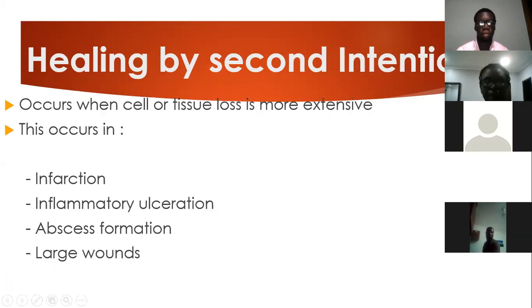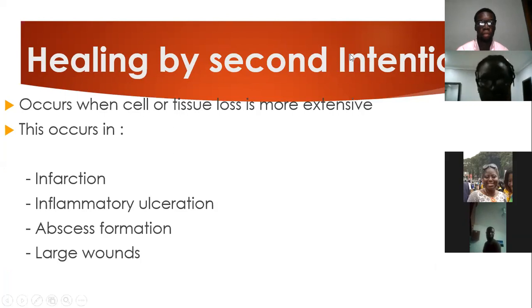Okay. We look at healing by secondary intention. Basically, what this means is that you have a big wound, such that there's a big gap or a big hole created in the tissue.